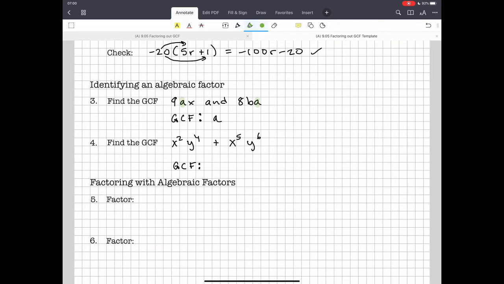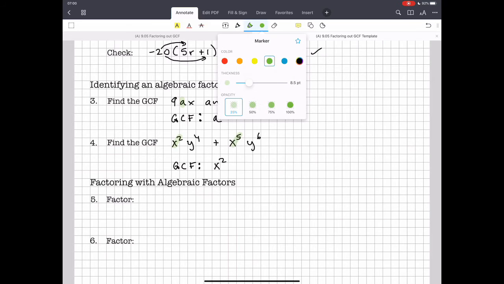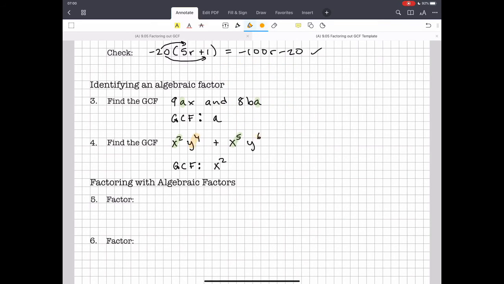Well, when I look at the x's, I have an x squared next to the fifth, so at most I have x squared in common, so I'm going to pull that out. I'm going to do the same with the y's, y to the fourth and y to the sixth. At most they have 4 y's in common, so I'm going to divide out a y to the fourth, and that is our GCF, x squared y to the fourth.